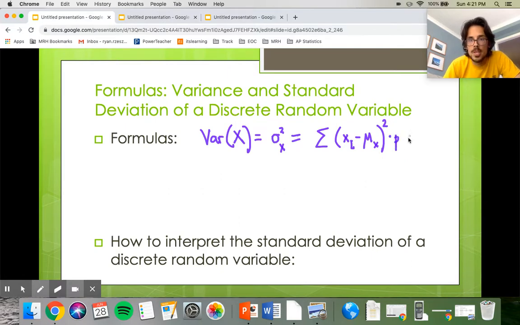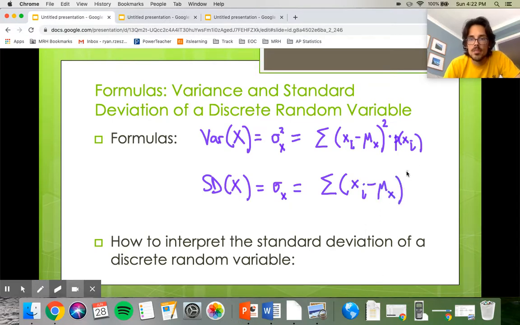Our book uses just pi, but since our formula sheet has probability of xi, that's fine too. So you take each value, subtract the mean, square it, multiply by probability, add them up. And the standard deviation can either be SD of x or just sigma of x. It's the same thing, but with a square root on it. So that's our basic setup right here.